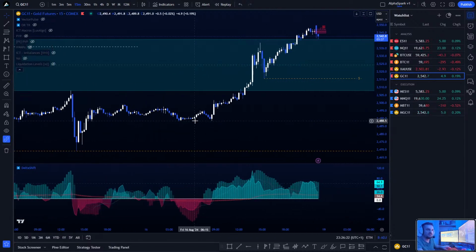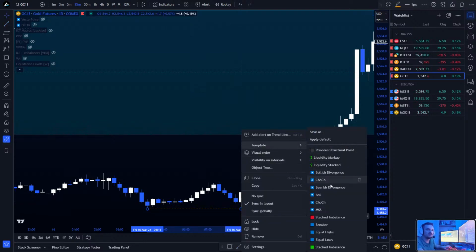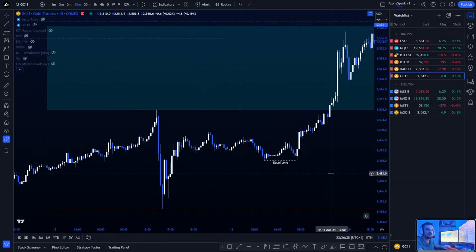This is a decent, is it? Wait. The low is 488.2 and this is 488.5, so we have equal lows here, so this is another easy target. Stacked liquidity, okay.